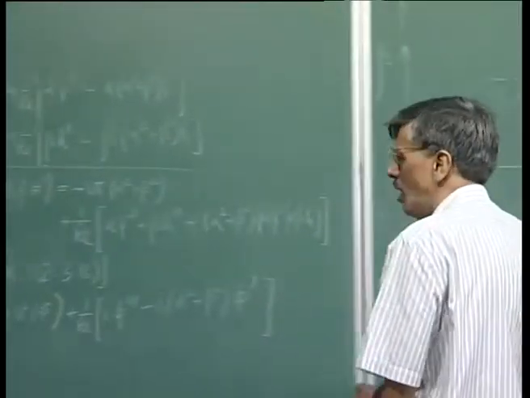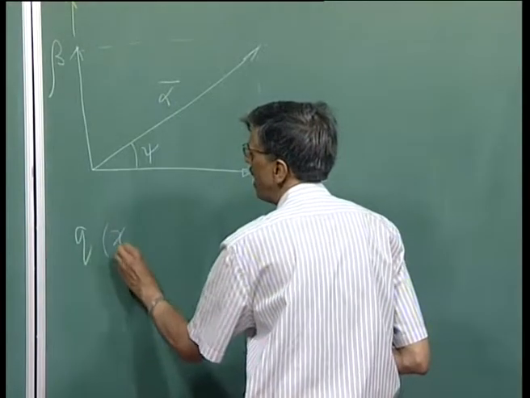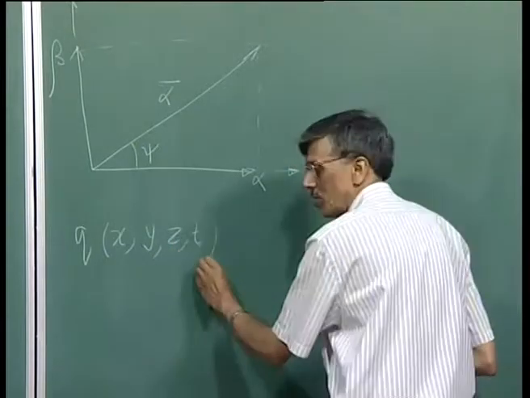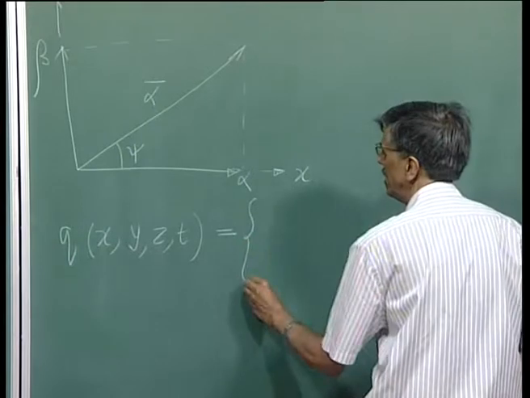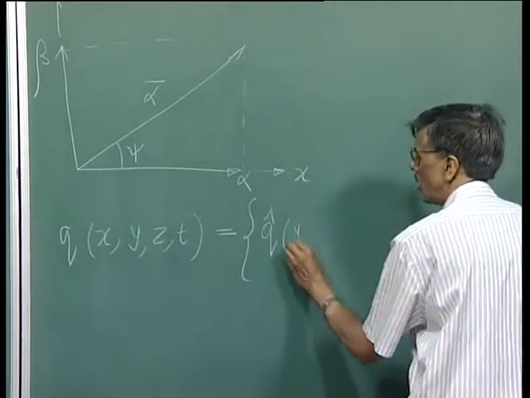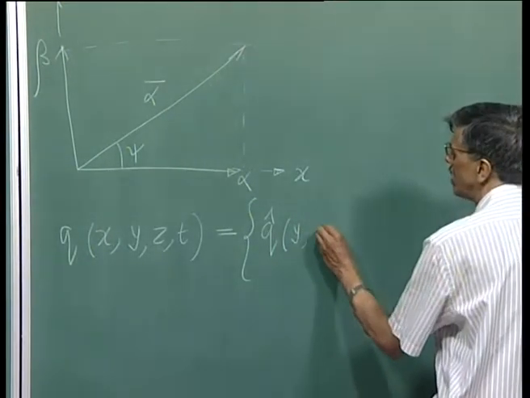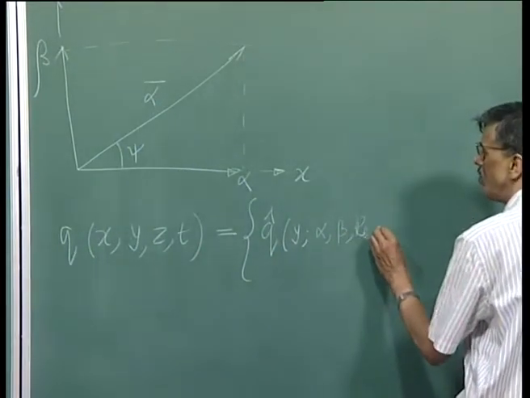Now, what we also saw in the previous slide is that if I write down the disturbance quantity as a function of space and time, then we had this factor q hat, a function of y, and implicitly they are also functions of alpha, beta and Re, right.